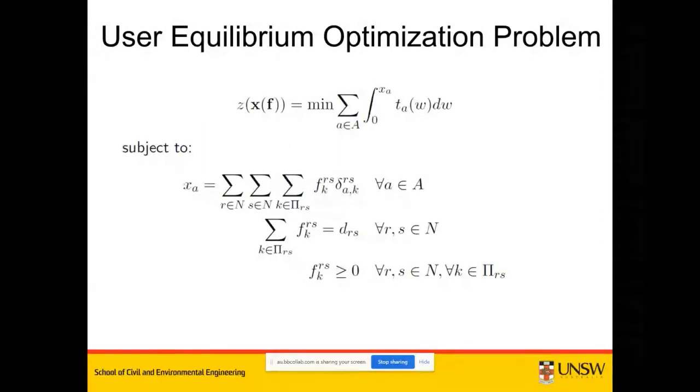Same thing applies to the user equilibrium optimization problem, where the objective function is stated as a function of link flows, while the constraints are all stated as path flows.